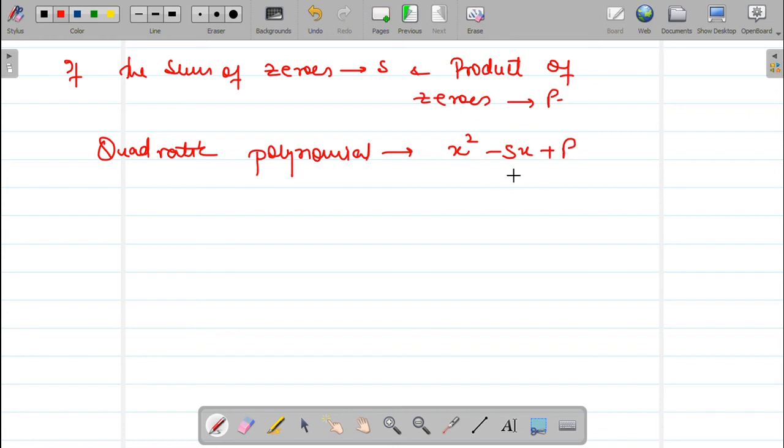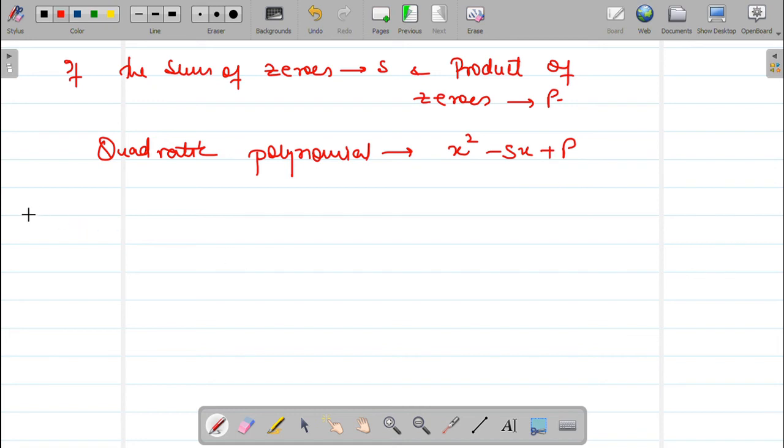We have just reversed the same thing. We were taking an extra negative sign, if you remember. In sum of roots, we were putting minus b upon a. So we were taking an extra negative sign here, and that is what we are neutralizing here. x square minus sx plus p.